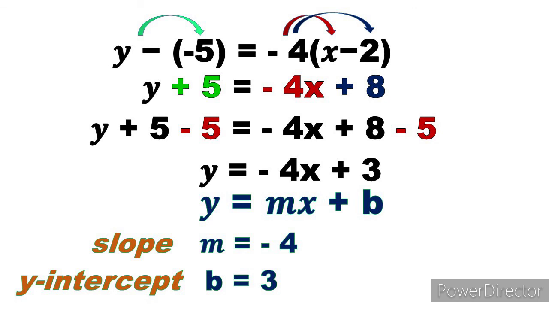Then simplify: positive 5 minus 5 is 0, so we have y, and 8 minus 5 is 3. So we now have y equals negative 4x plus 3, which is the slope-intercept form, y equals mx plus b. Our slope is negative 4 and our y-intercept is 3.